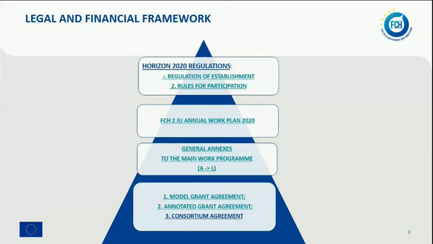And then, the model grant agreement is a contract that is not negotiable. So it's already made available to you, so you can read it in detail. And you know, if your proposal is successful, what type of contract you will be signing. You will also have the annotated grant agreement, which explains to you article by article what the model grant agreement says if you have any clarifications that need to be set.